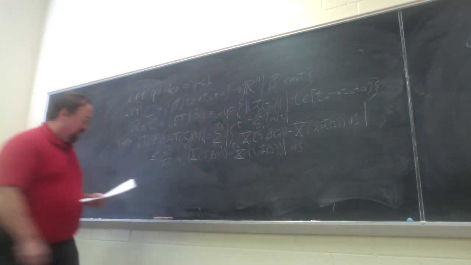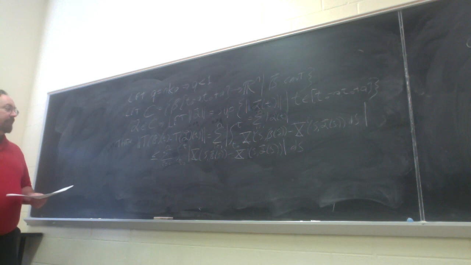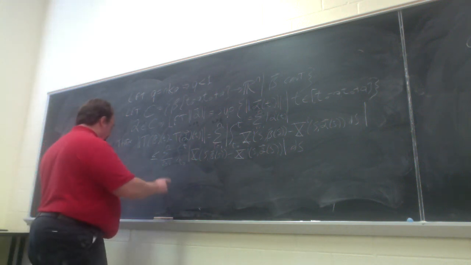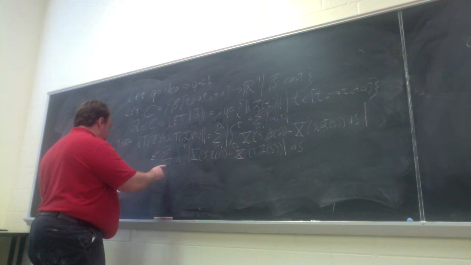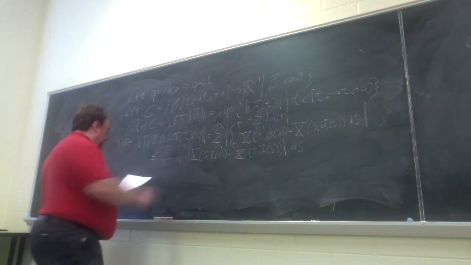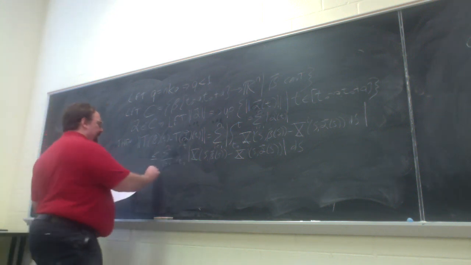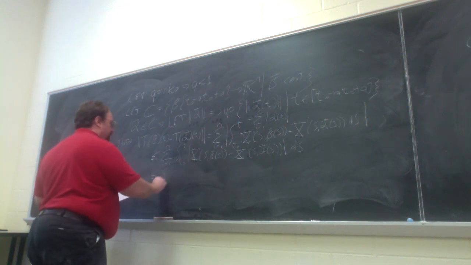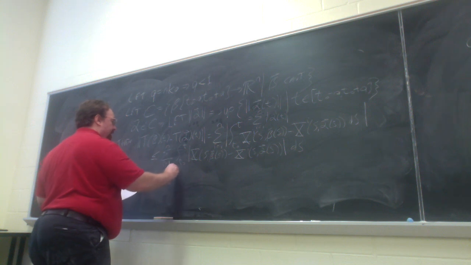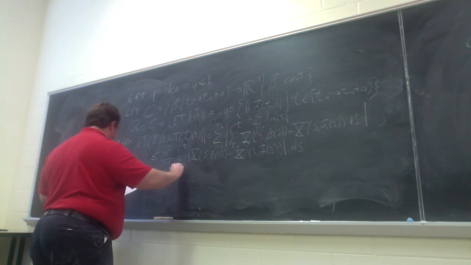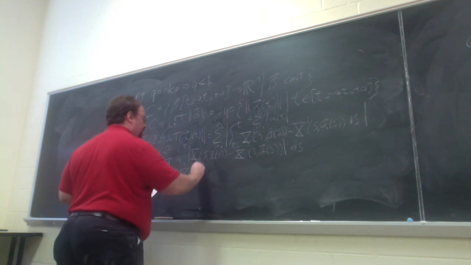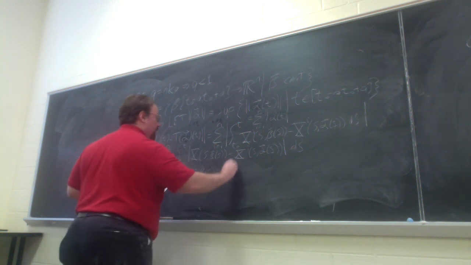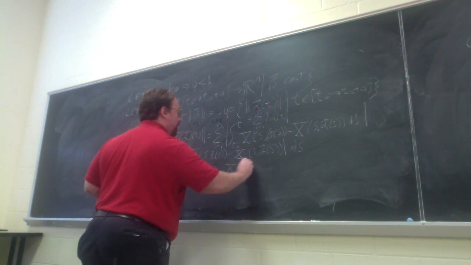Okay. Now what I can do is I can actually move the summation inside also. And in fact what I have is it's still the same integral of the one norm of X of s beta of s minus big X of s alpha of s.